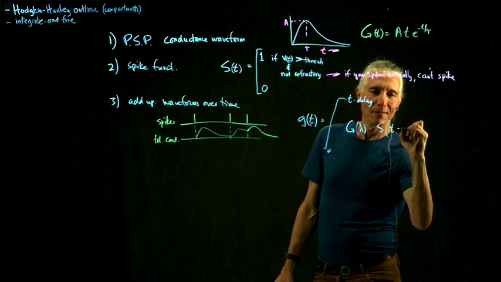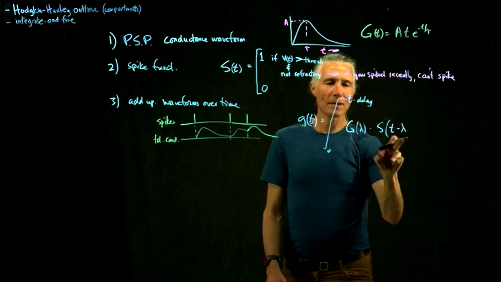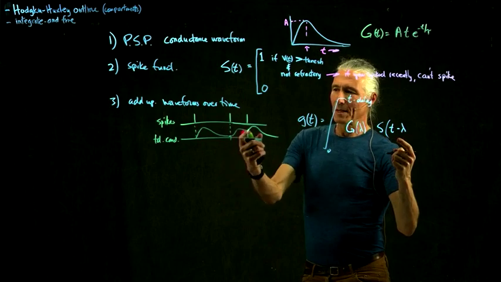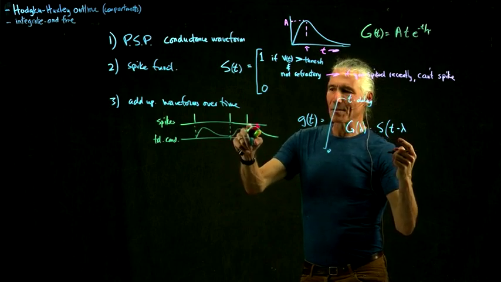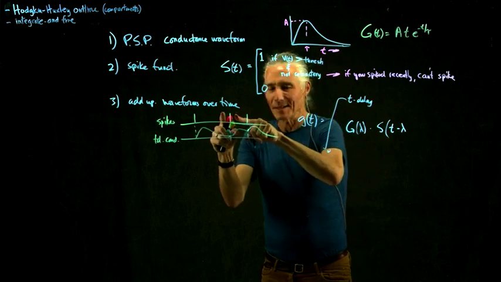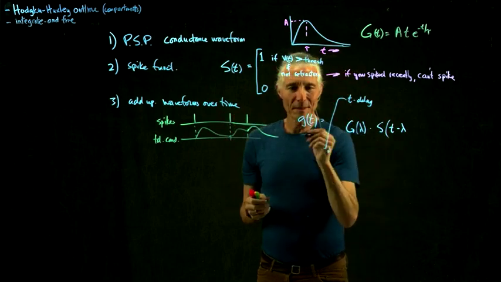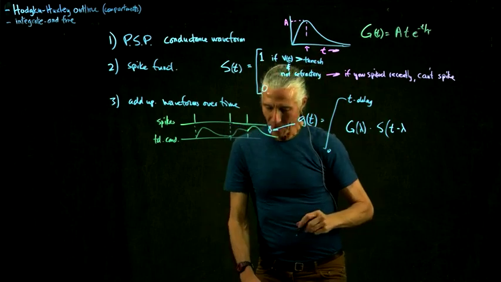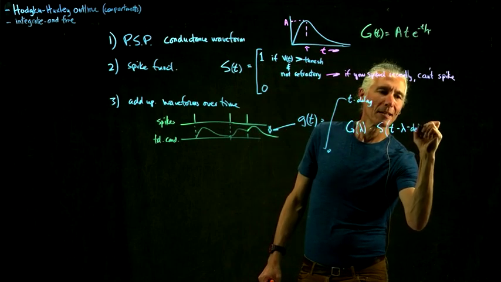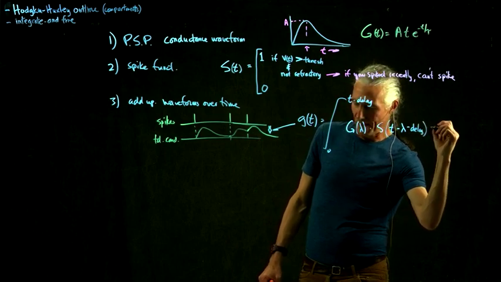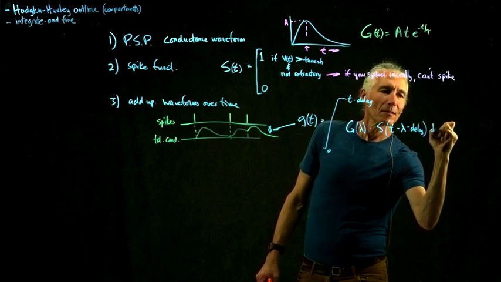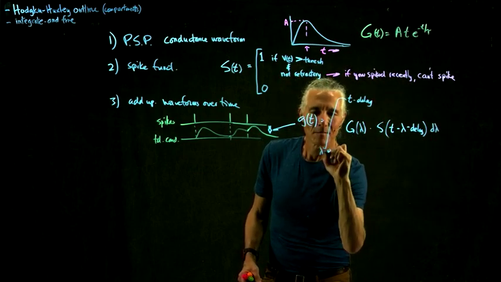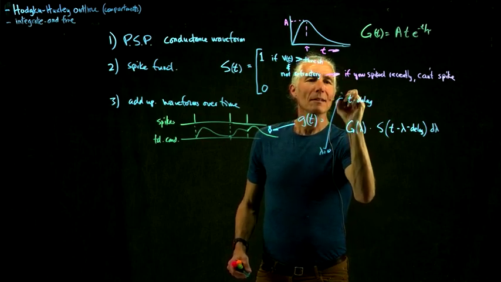There might be a delay in there, but here's the convolution part where we basically have, in order to get this out of that single one, this is the operation. This basically just does that. Okay, minus delay, and then time, across all lambda there.